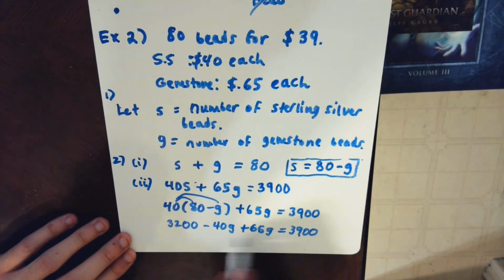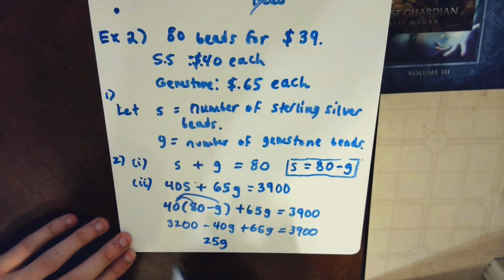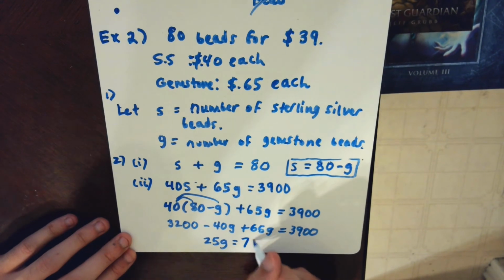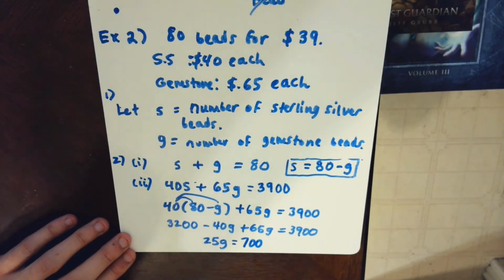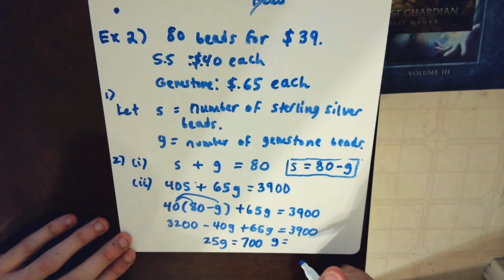That leaves us with 25G. And then we can subtract 3,200 over to the other side, leaving us with 700. And lastly, we just need to divide both sides by 25. So we get G equals 700 divided by 25, which turns out to be 28. So G is 28. That's the number of gemstone beads that we'd like to sell.